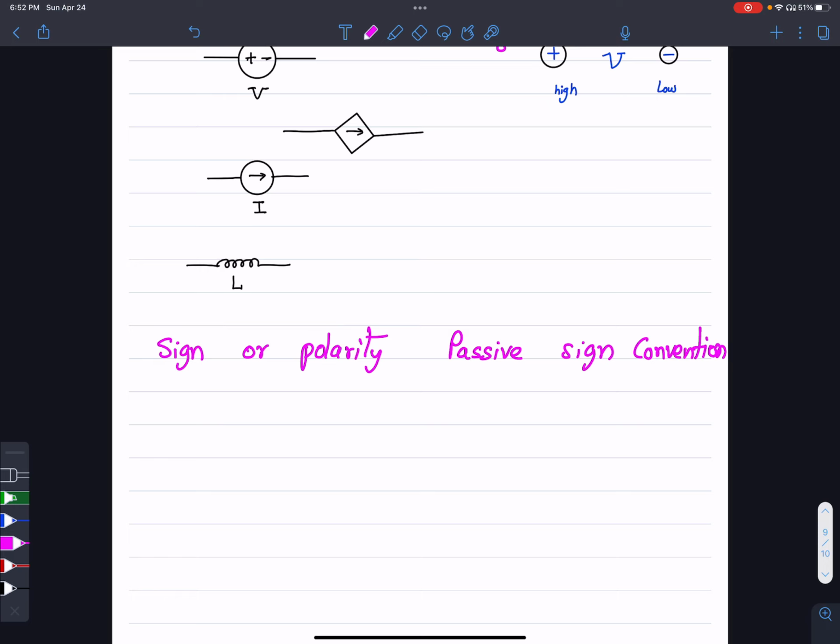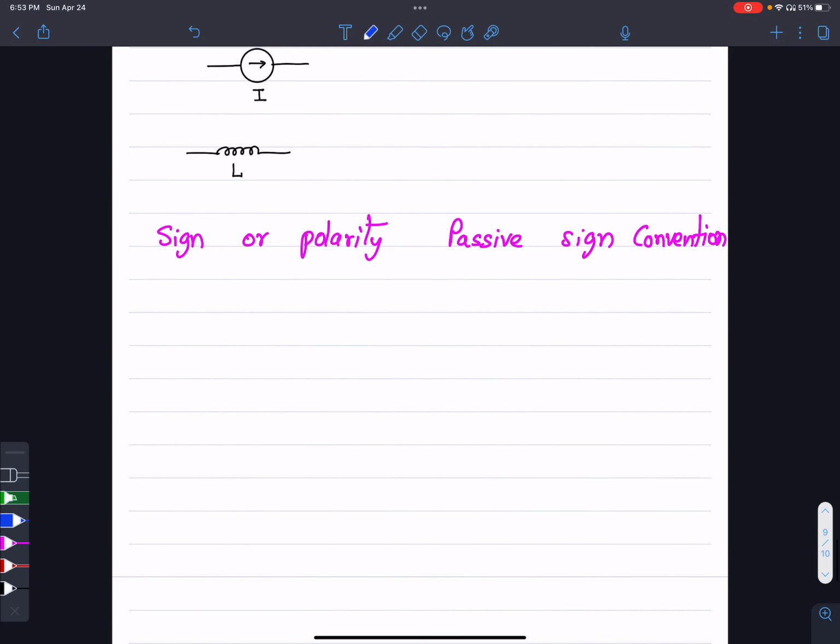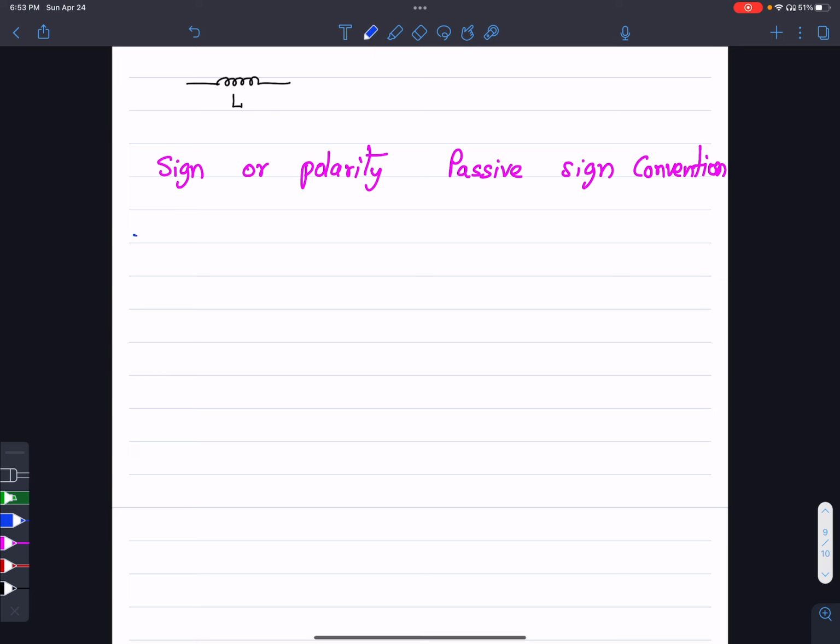The way I like to remember is: positive current flows from positive voltage or a high potential to negative voltage or a low potential, from a high voltage to a low voltage, positive to negative voltage.